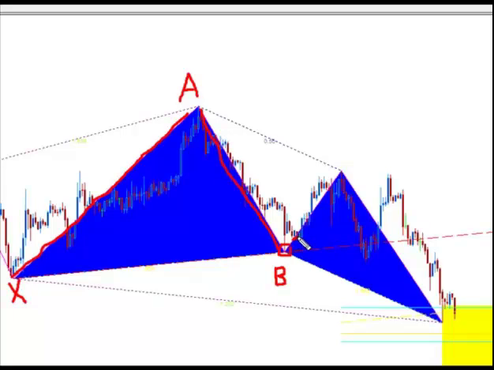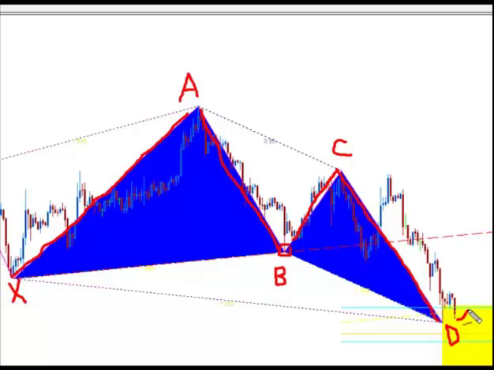And then we'll be coming all the way back up on a retracement of the AB leg to our C point. The pattern is almost complete, but not until we've reached our D point, which is right here. Okay. And that's our bullish pattern.